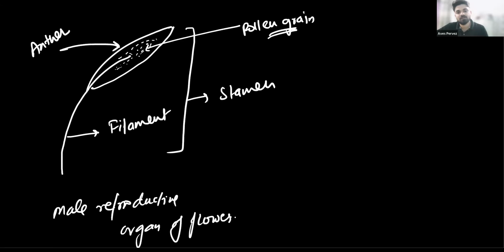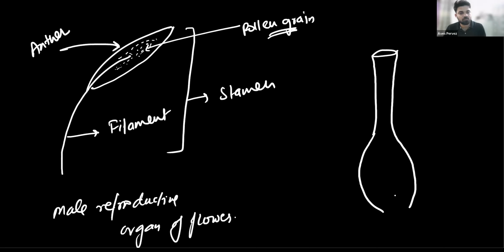Now moving to the next part, this portion. This is a tube-like structure. This is the female reproductive organ.